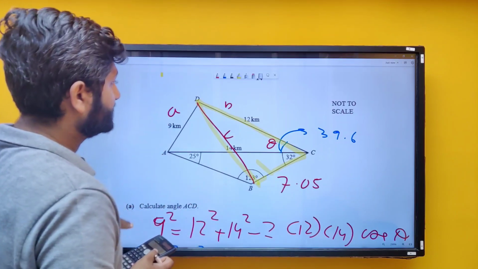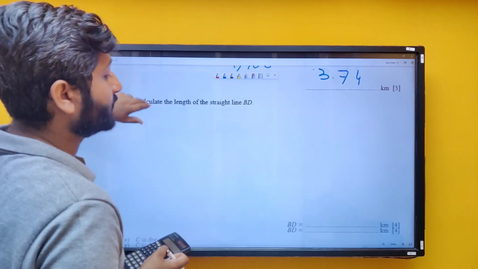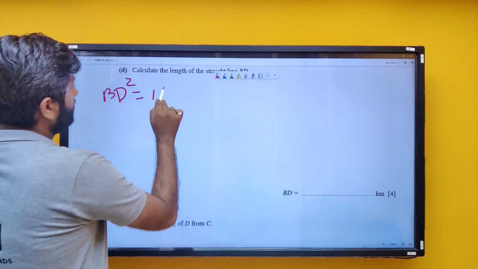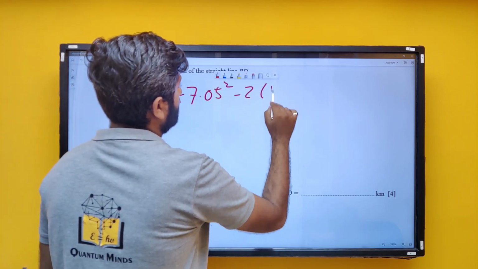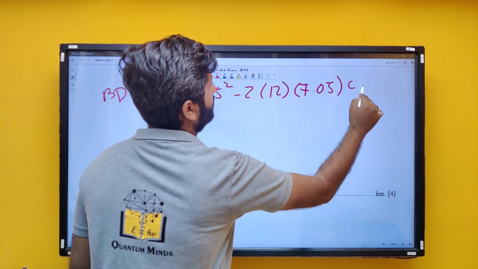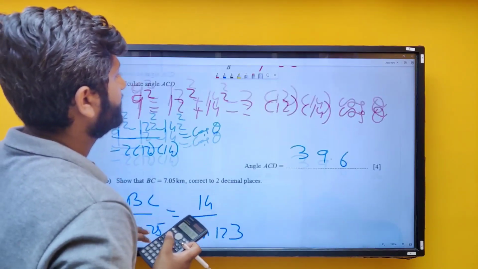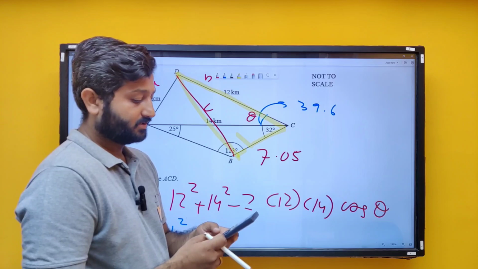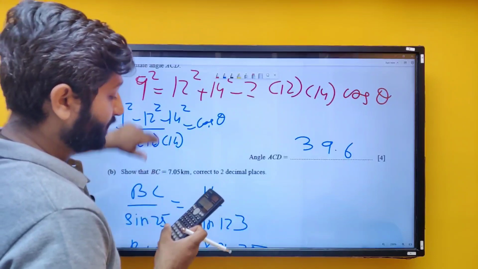So BD square equals 12 square plus 7.05 square minus 2 into 12 into 7.05 into cos of the angle. The angle is going to be 32 plus 39.6, which is 71.6.